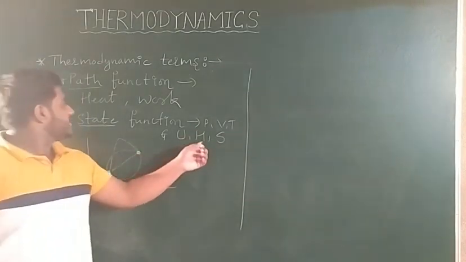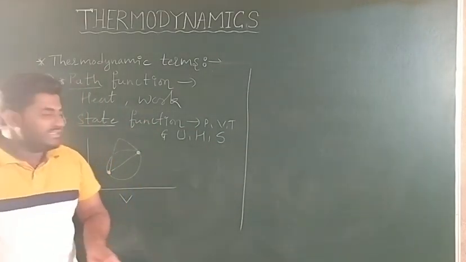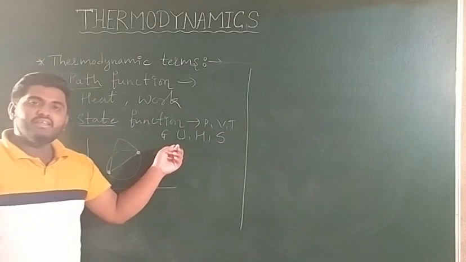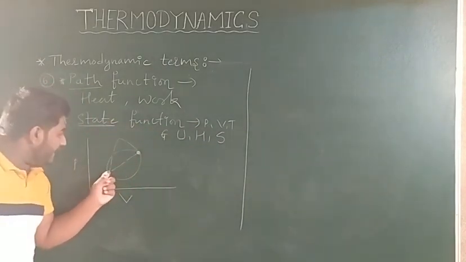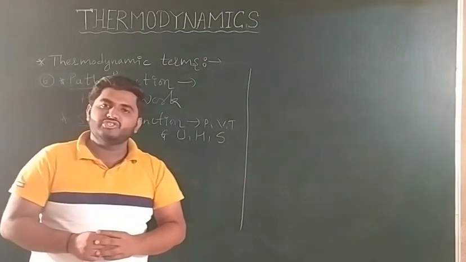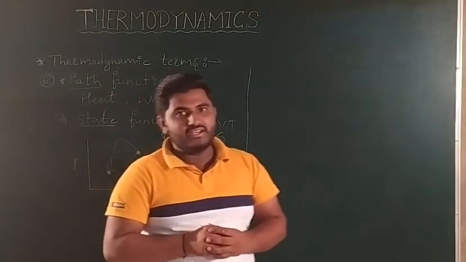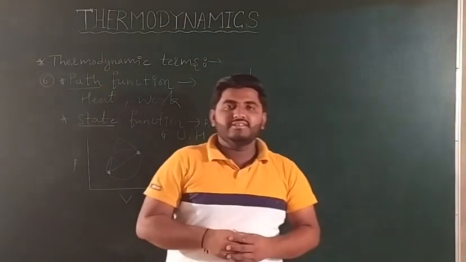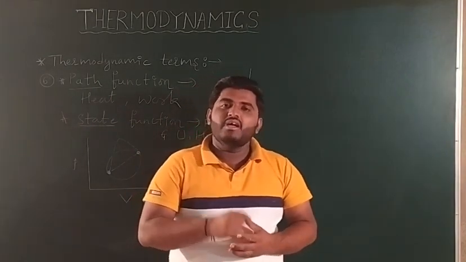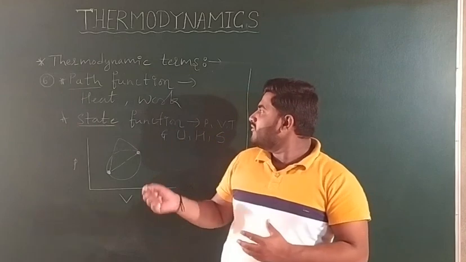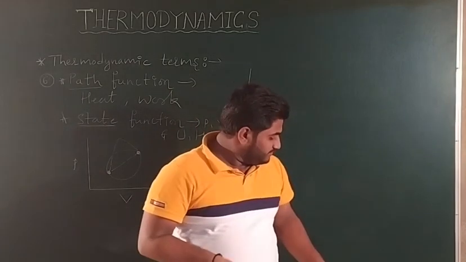These all come under state function. That means these do not depend on the path, only on the initial and final position of the process. Understood? So this is the 6th one, path function and state function. I hope you understood. Now we will switch to the next one.